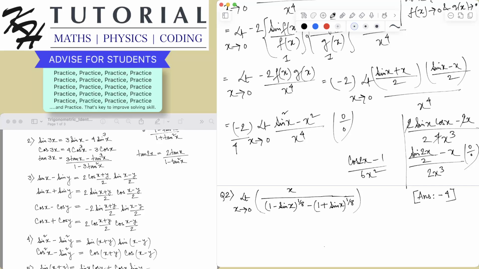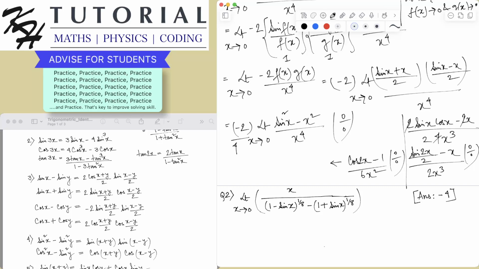Again it is of the form 0 by 0, so you can apply L'Hopital's rule as long as it is of the form 0 by 0 or infinity by infinity at the tending value of the variable. So cos 2x minus 1 when x tends to 0 will be 0, and 6 x square is also 0.